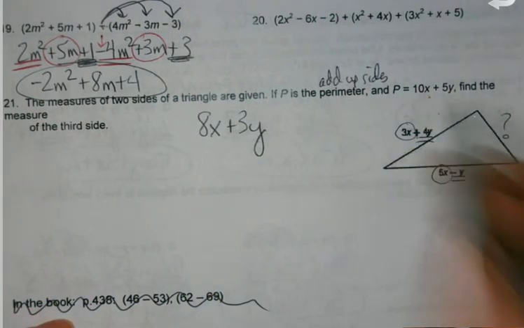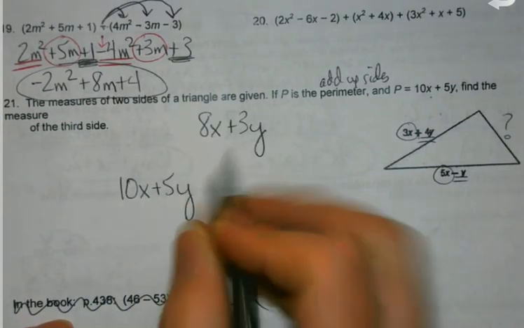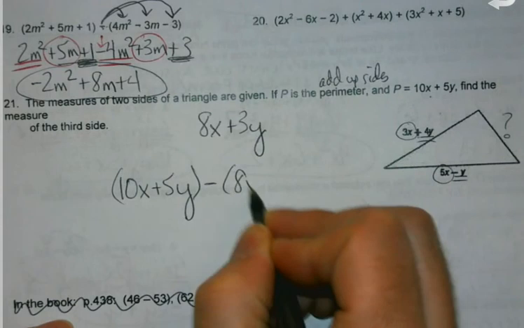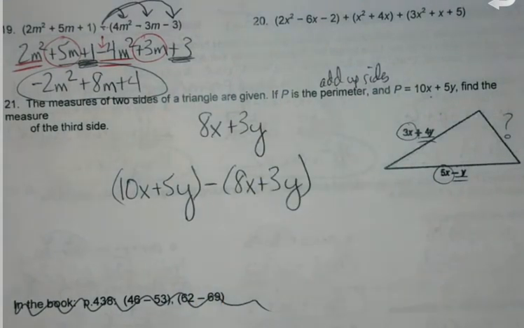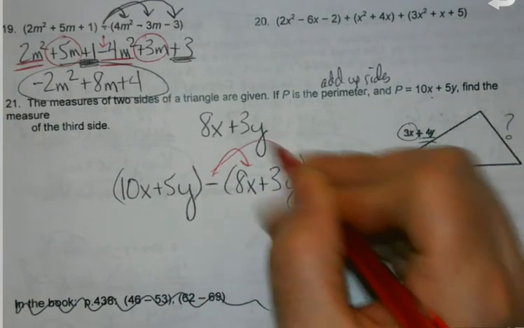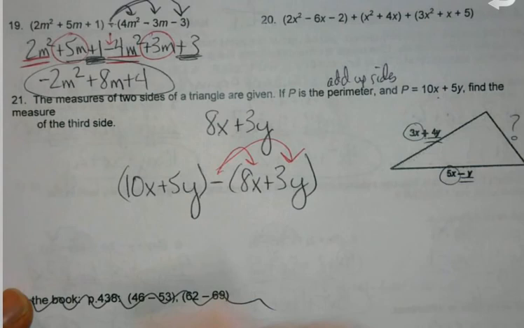So to figure that out, if I take the total and subtract what I have so far, oh, it kind of looks like the problems we've been doing. I can distribute that value through.